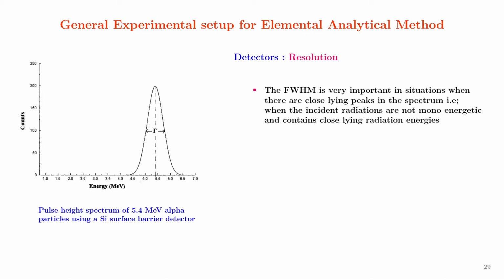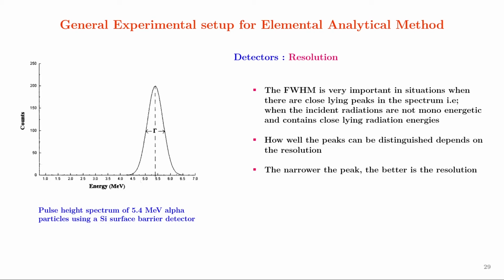That is, when the incident radiations are not monoenergetic and contain close-lying radiation energies. How well the peaks can be distinguished depends on the resolution. The narrower the peak, the better is the resolution.